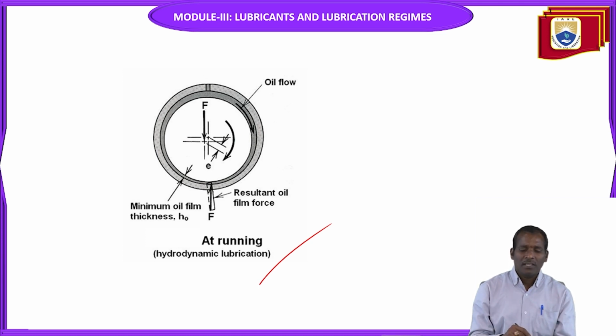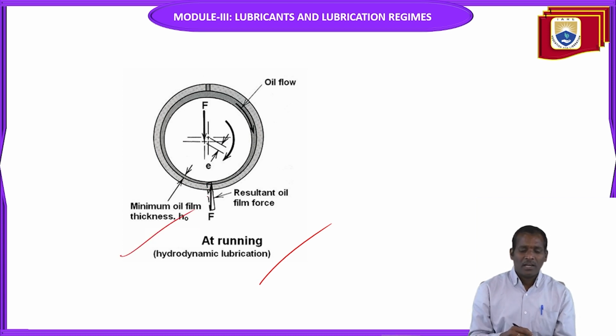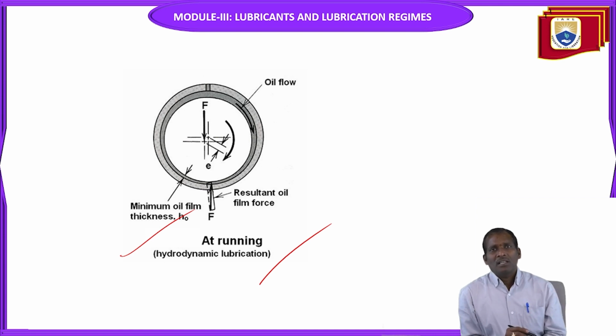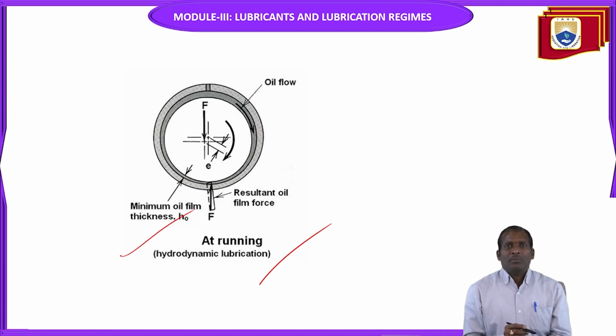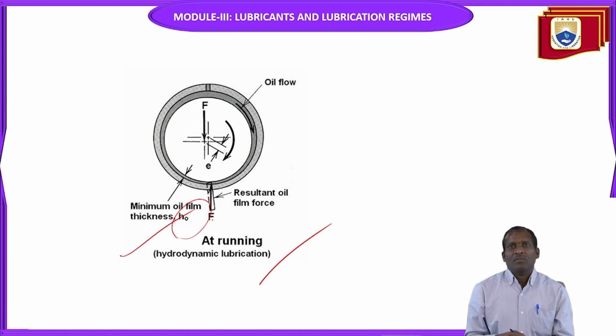stage 3, there is a sufficient oil film thickness. That is called a thick film lubrication system, which mainly depends upon the thickness of the film. It's also called fluid film lubrication, a thick film or fluid film.